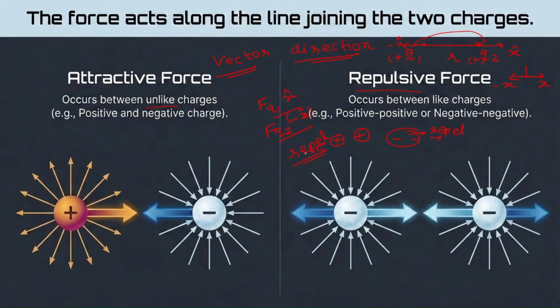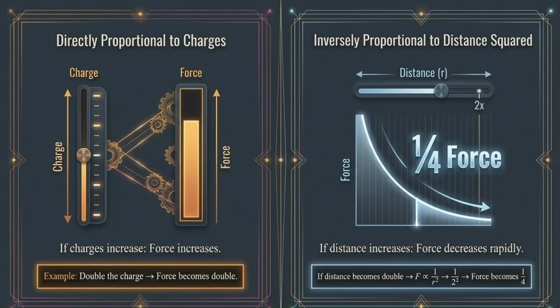Now, force is directly proportional to charges. What does it mean? If you increase the magnitude of charge, the force will increase. Double the charge, force becomes double. On the other hand, the force is proportional to 1 upon r square.